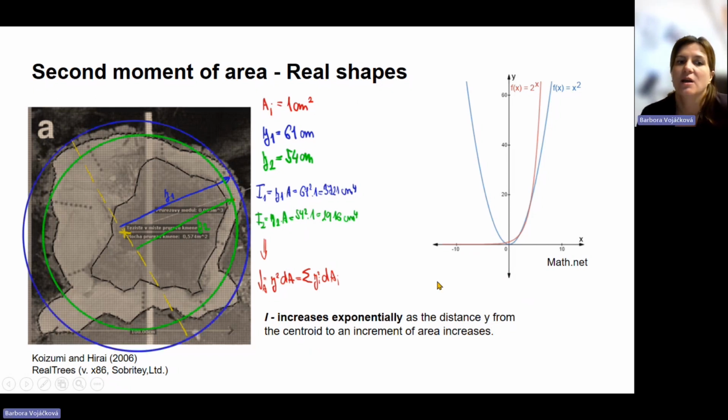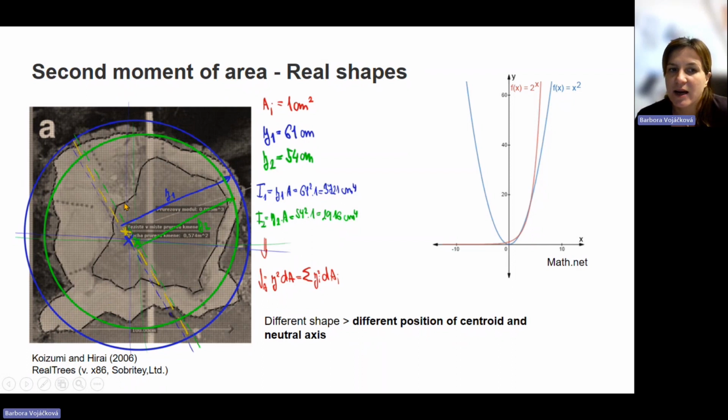So E increases exponentially with the distance from the centroid. Usually when I use a simplification, such as a circle instead of the real geometry, I can see it can cause a big difference. For example, here the partial moment of inertia will be really different from this one, which is going to the end.